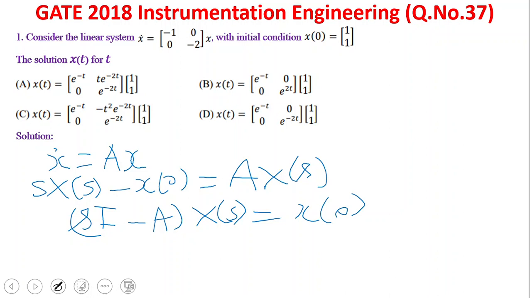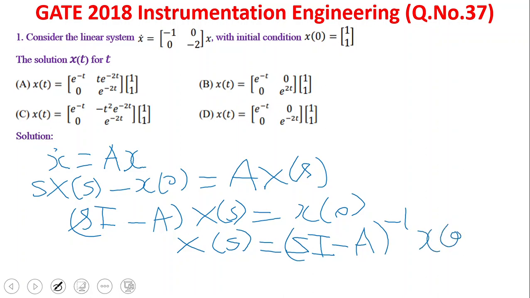Now what is asked is x of t. So pre-multiplying the entire expression with (sI minus A) inverse, (sI minus A) inverse into (sI minus A) is the identity matrix, multiplied by X of s is X of s. Therefore the right hand side also we have to multiply. Therefore it is (sI minus A) inverse into x of 0.